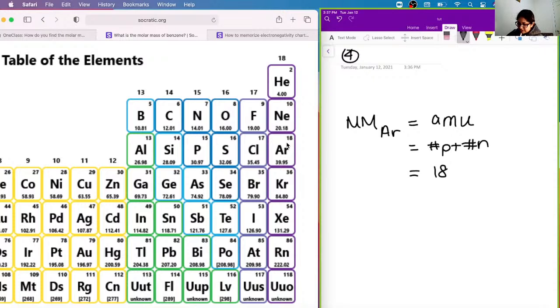In most cases, the number of neutrons is the same as your number of protons, so this would give us 36, right? You can see it's somewhat close, but we won't really do this because this is only for an atomic mass. Looking at our periodic table, we can see that this is 39.95, and the units for molar mass is grams per mole.